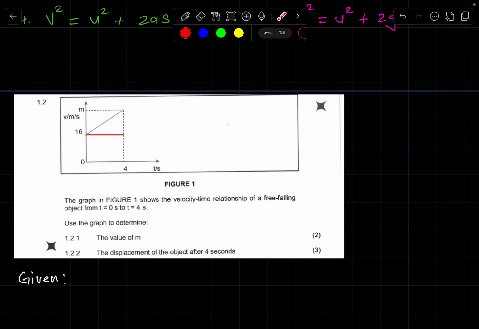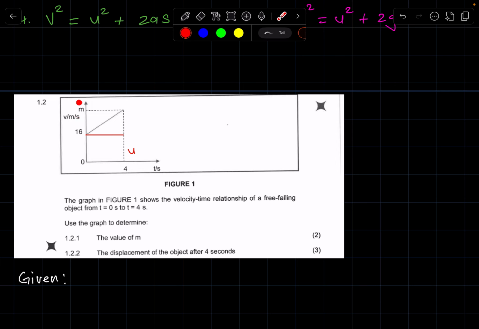Right, from 0, remember that from 0 to this point is what is our initial velocity. So essentially, here you have u, right, and then from 0 to there is our final velocity. So the final velocity here has been labeled or denoted as m, right?